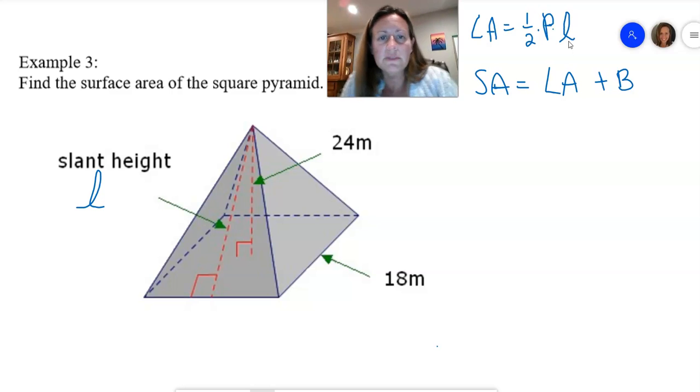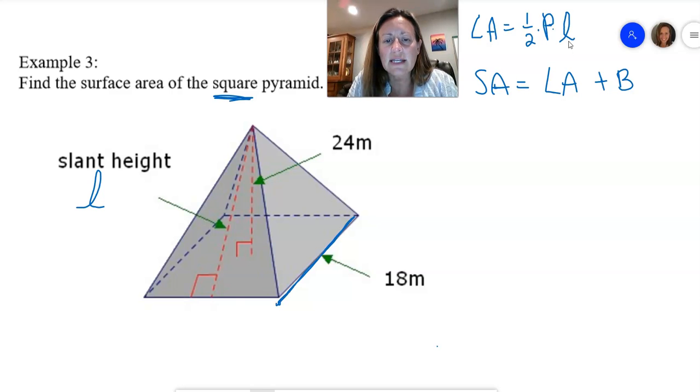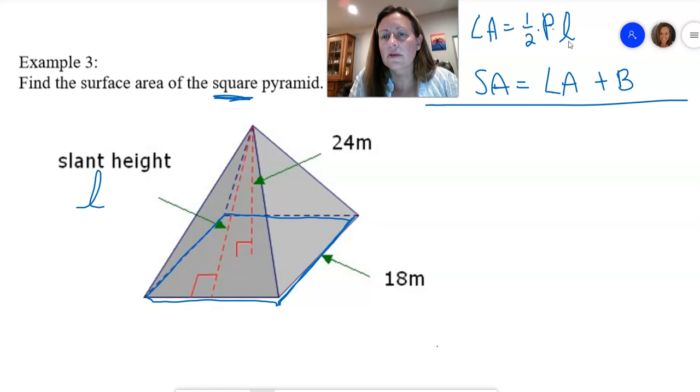Well, the perimeter of this base, since it is a square pyramid, shouldn't be too hard. The square has a side length of 18. So the perimeter, I'm just going to come down here, lateral area equals 1/2 the perimeter times the slant height.